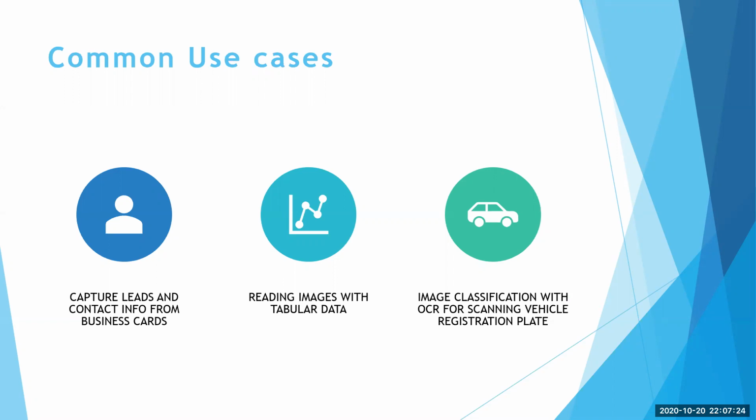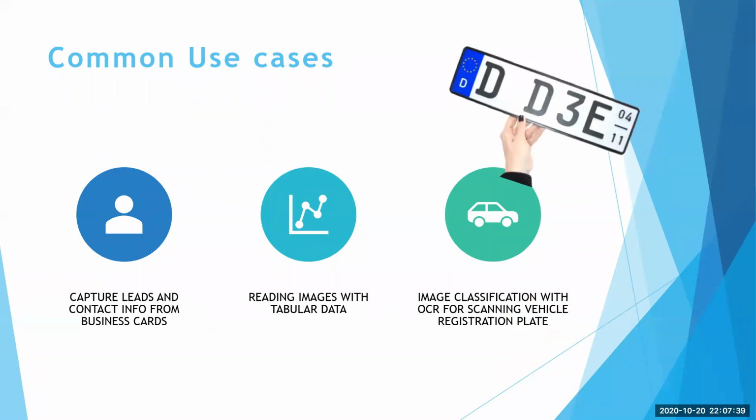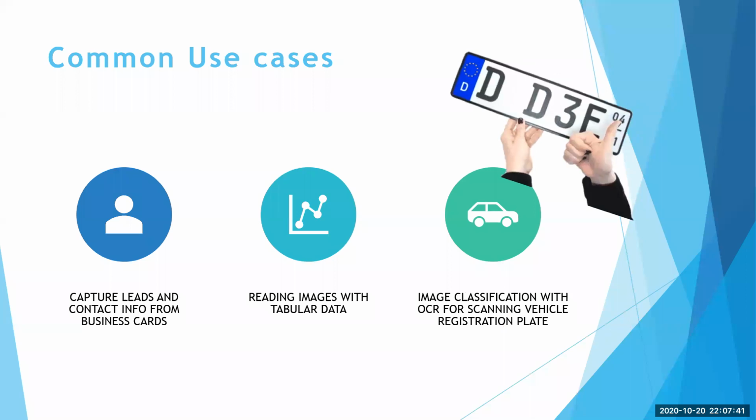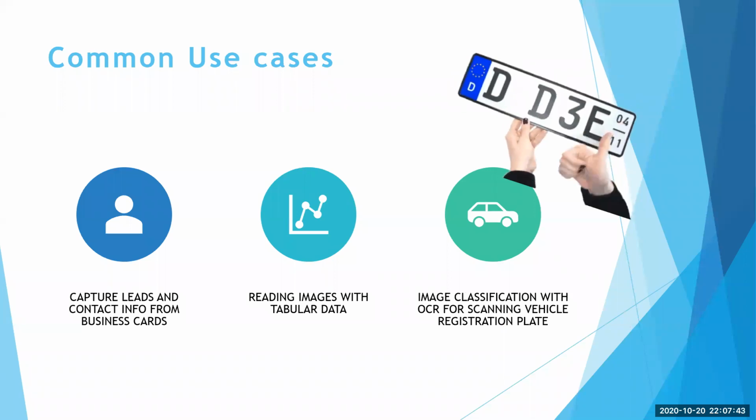One more common example here is that a vehicle registration plate can be scanned, and its vehicle registration number can be obtained from that particular image. So these are the common use cases of Einstein OCR.